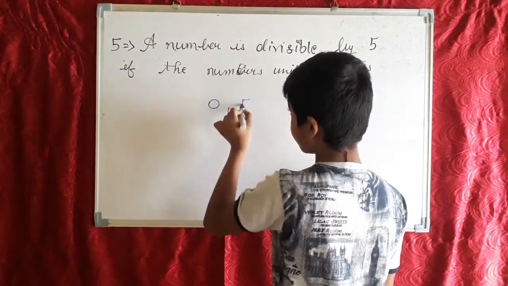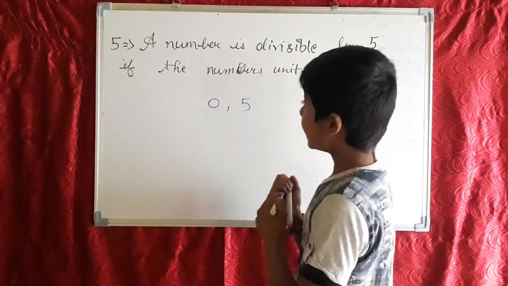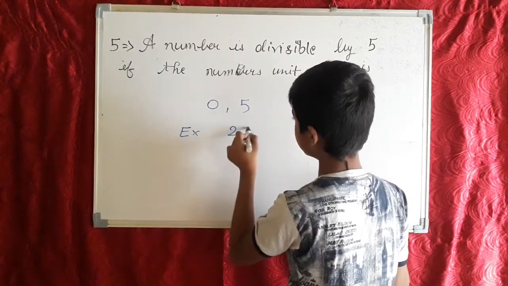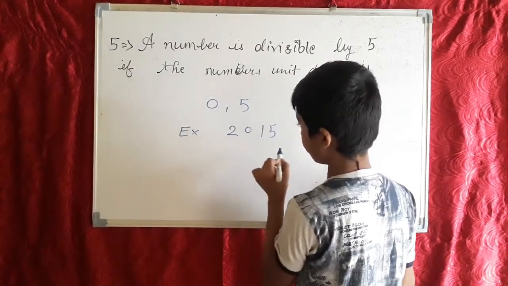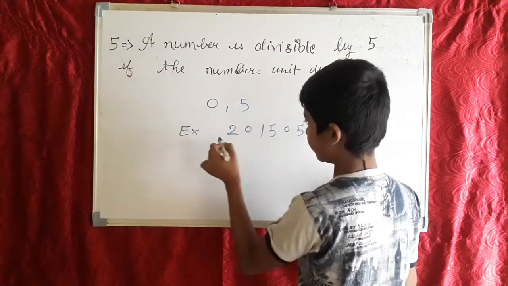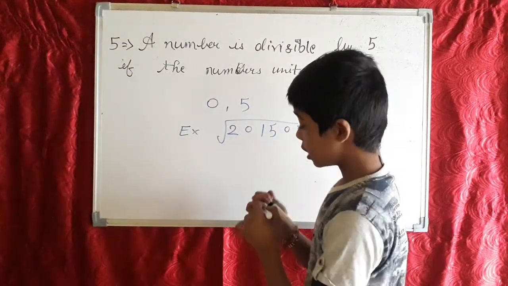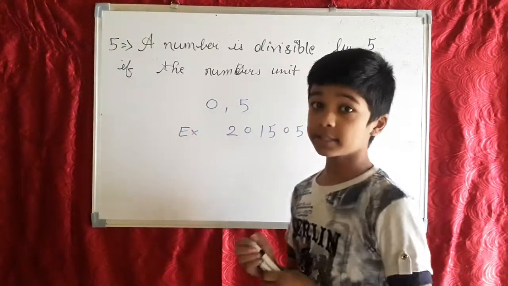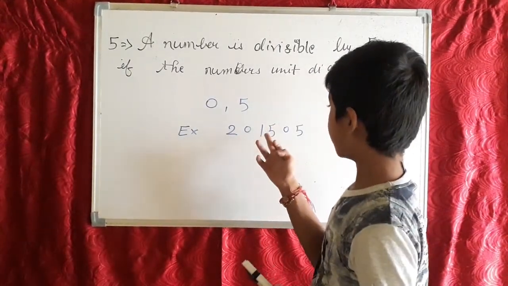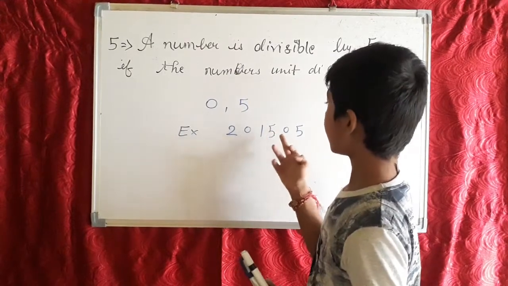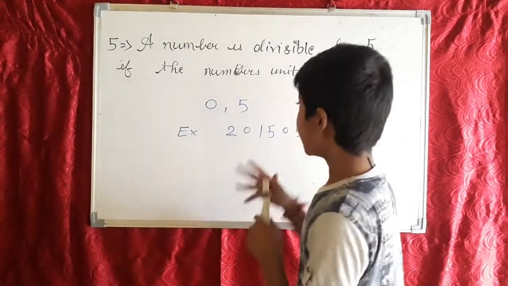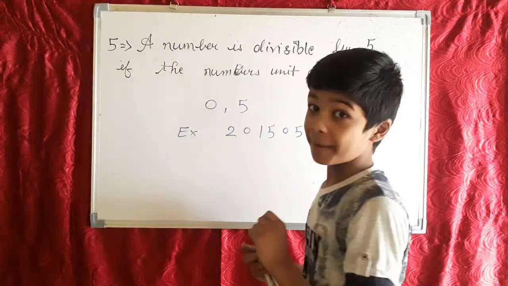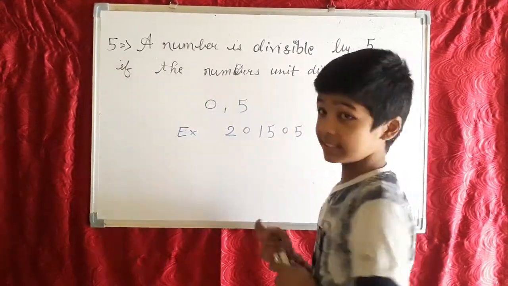A number is divisible by 5 if its unit digit is 0 or 5.